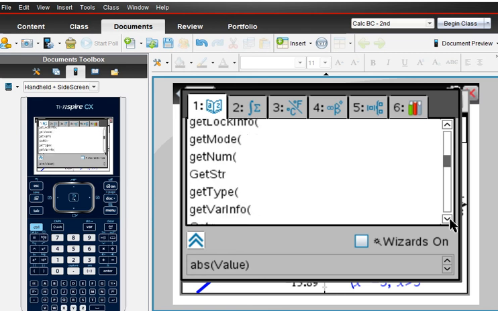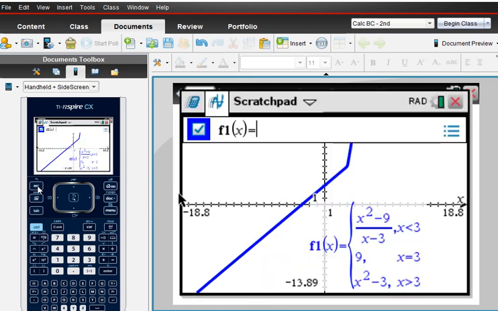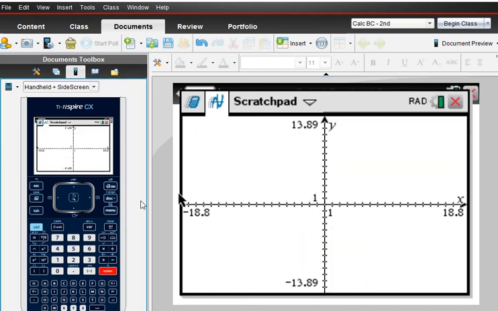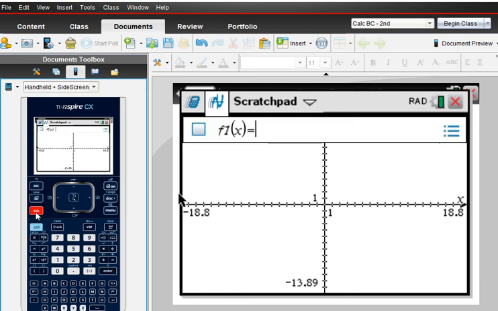Trying to remember where this one is. Let me clear that. Is it that one? Oh dang it!